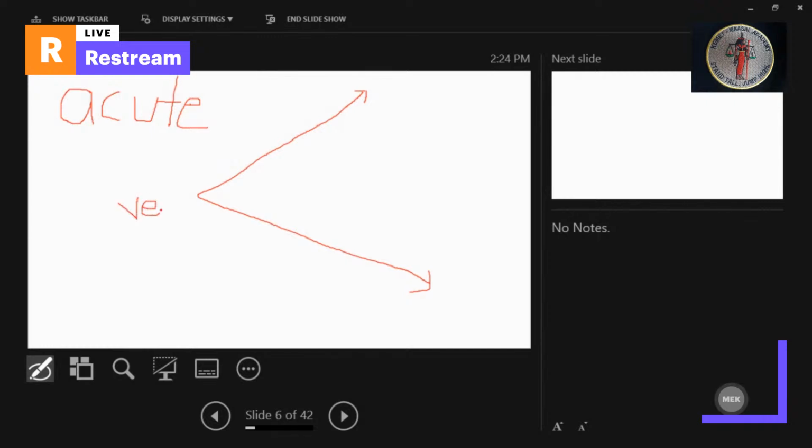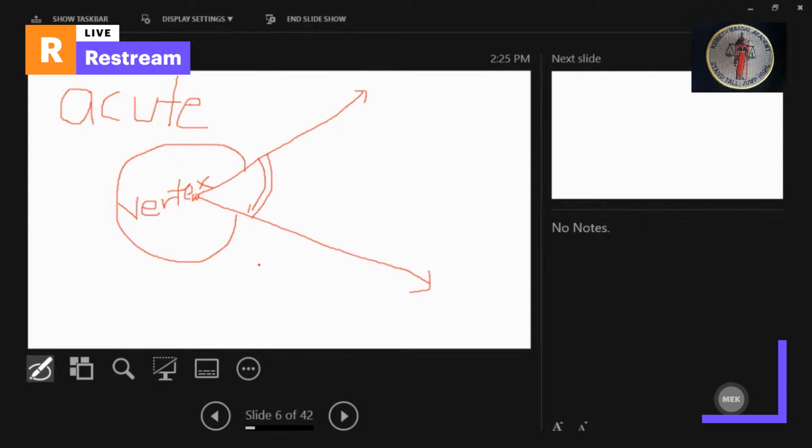This is a vertex, the point where the 2 rays meet. And where you have a vertex, you automatically have 2 angles formed, believe it or not. So it's not just this space that's the angle. We automatically form another angle out here.